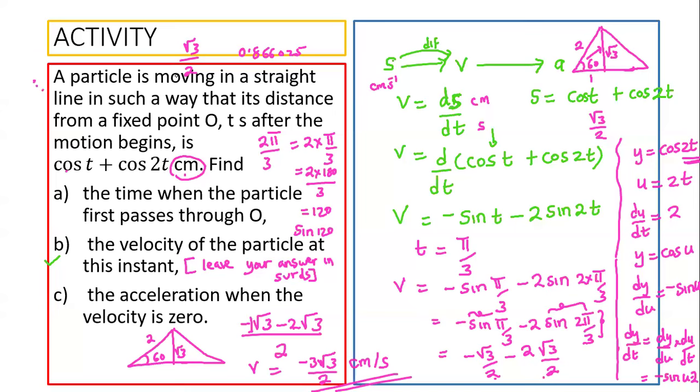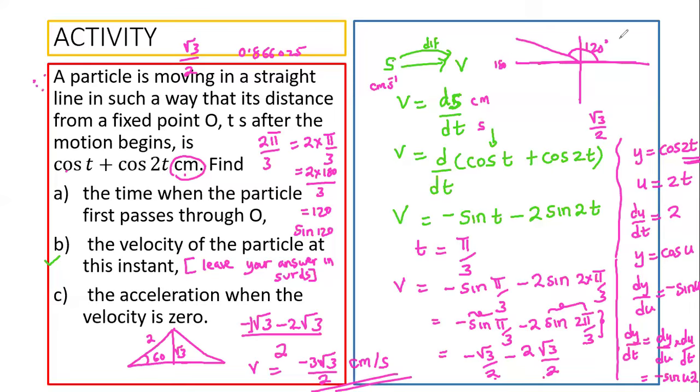Now, maybe let me as well take you through this trigonometry, how that thing comes about. You remember very well when you are dealing with trigonometry, the angle you have obtained here is 120 degrees. So this is 180.